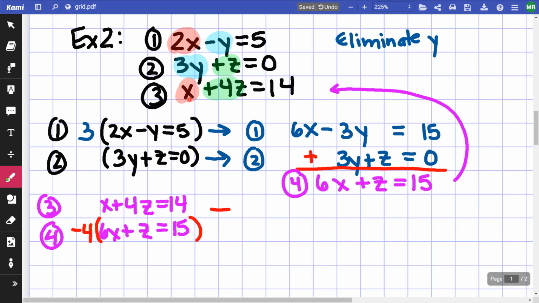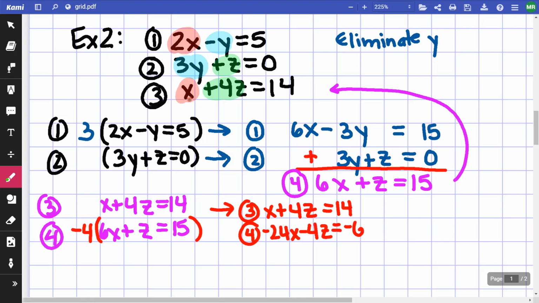So when I do that, okay, I get equation 3 is x plus 4z equals 14. I get equation 4 is -24x minus 4z equals -60. I'm going to add these two equations together.